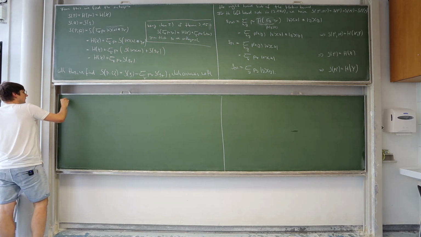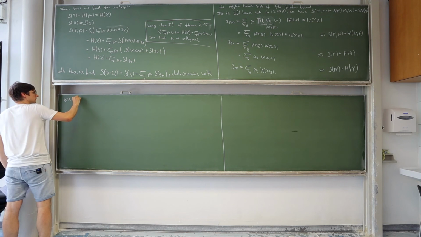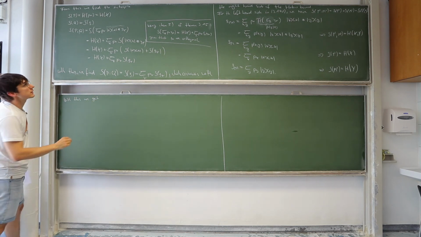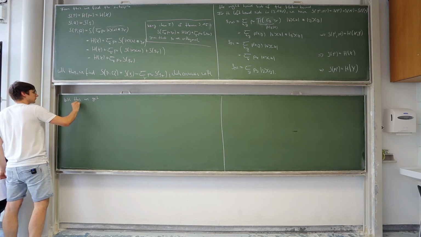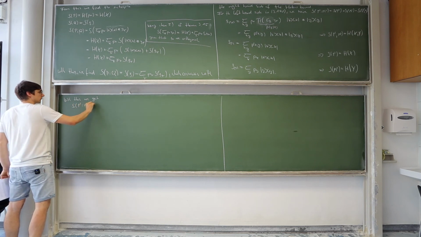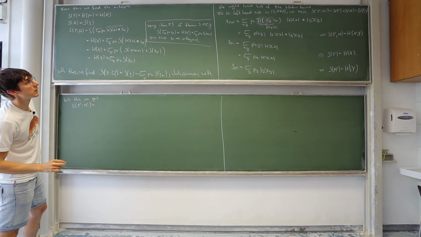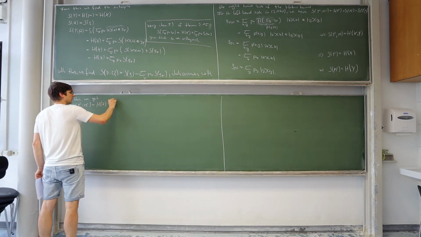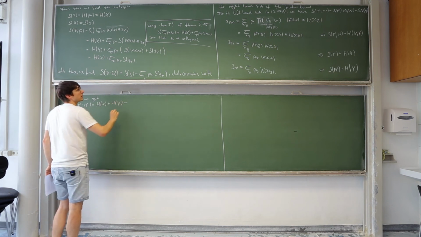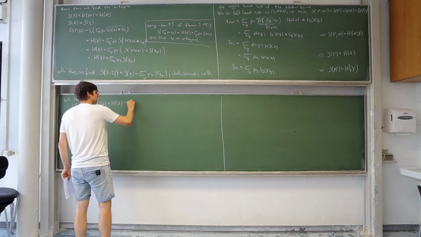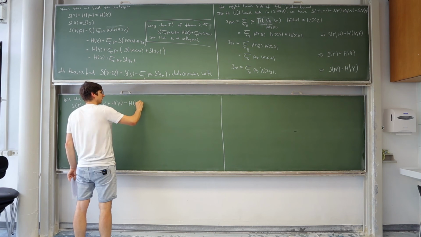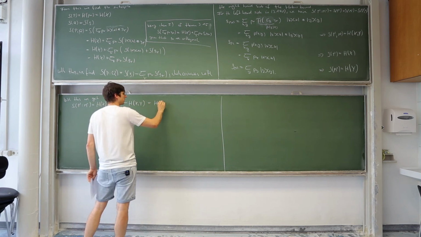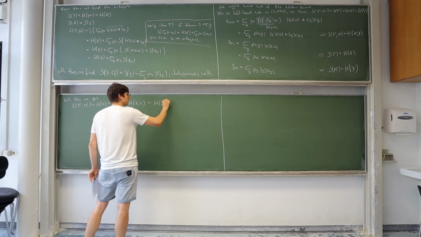So with this, we get that the mutual information is equal to H of x plus H of y minus the joint entropy. And this is simply the definition of the mutual information of x and y.